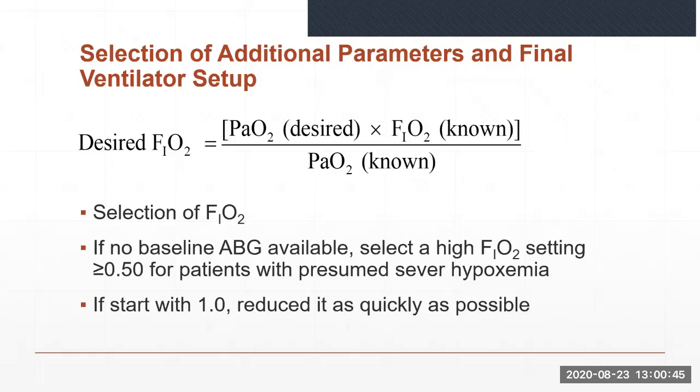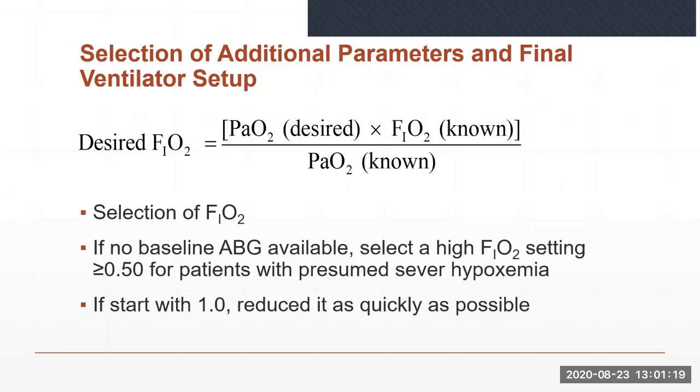The goal of selecting a specific FiO2 for a patient is to achieve a clinically acceptable arterial oxygen tension, usually 60 to 100 millimeters of mercury. To accomplish this goal, a baseline ABG should be performed. If the patient's partial pressure of arterial oxygen, or PaO2, is within the desired range before beginning ventilatory support, the FiO2 that the patient is receiving at the time of the baseline ABG can be used when mechanical ventilation is initiated.